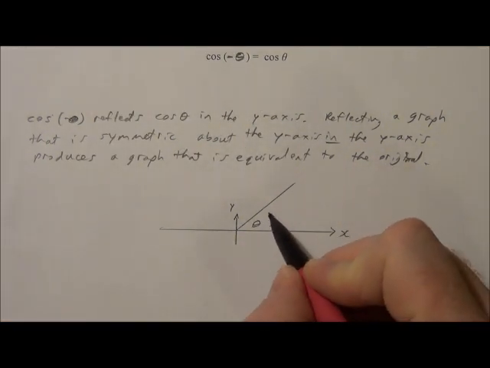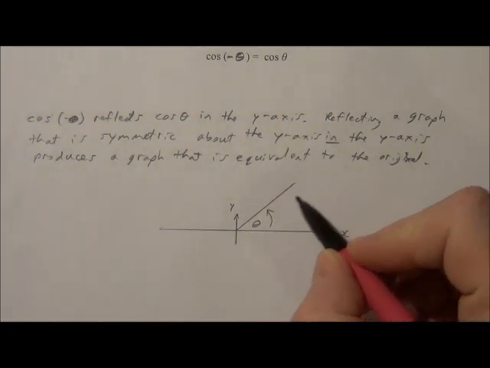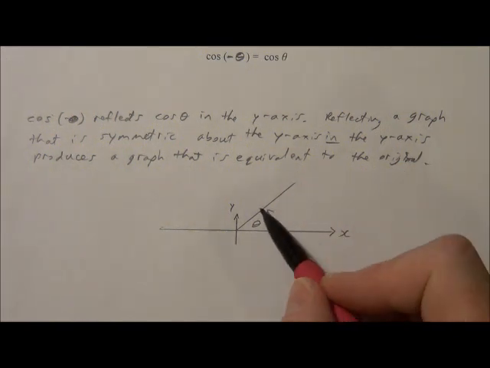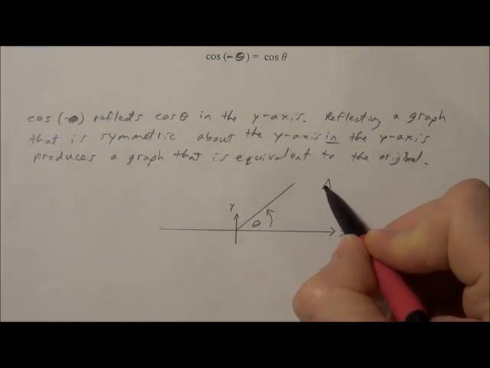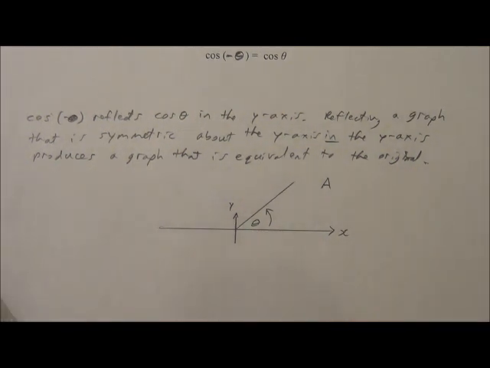We see that angle theta rotates counterclockwise from the positive x-axis, and cosine is positive here because that's in the quadrant where all trigonometric functions are positive.